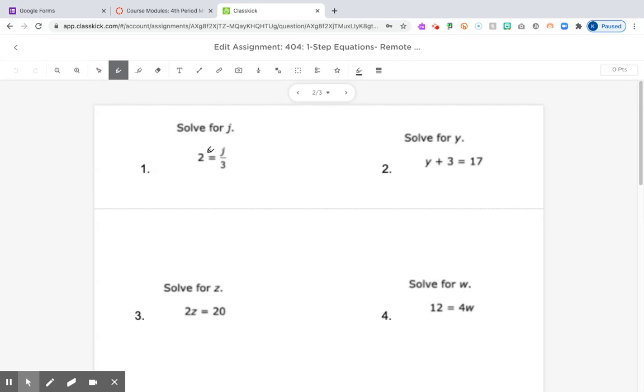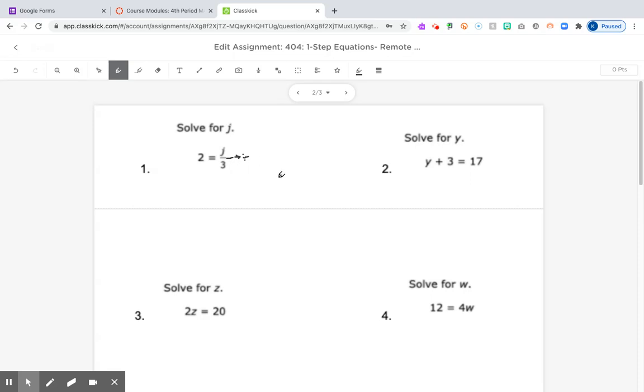It says 2 equals, and this is the same thing as J divided by 3. This means the same thing as divide. So the opposite of divide is multiply.